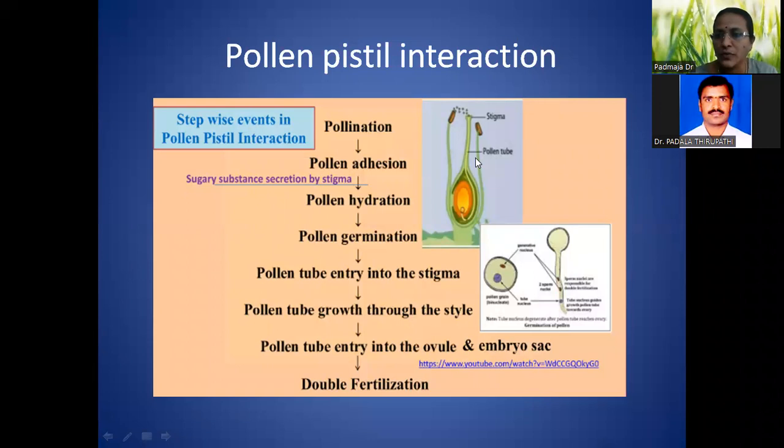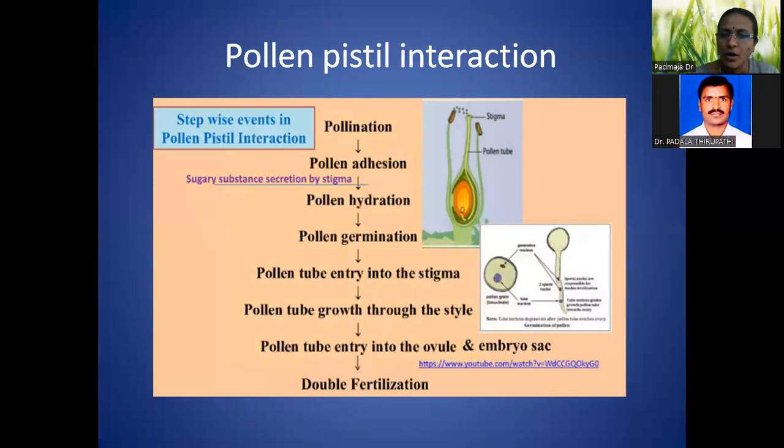These are the terminologies we use in embryology. Here, after pollination, the pollen grains are carried by different agents and fall on the stigma. After adhesion, due to the secretion of substances from the stigma, they stick to this stigma.